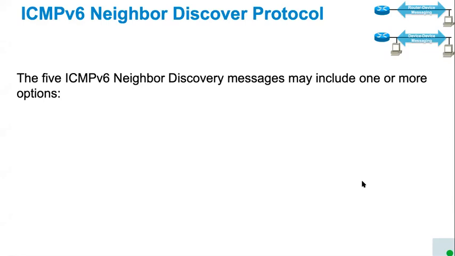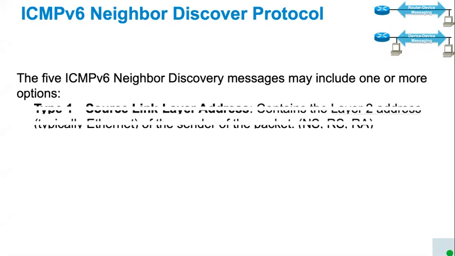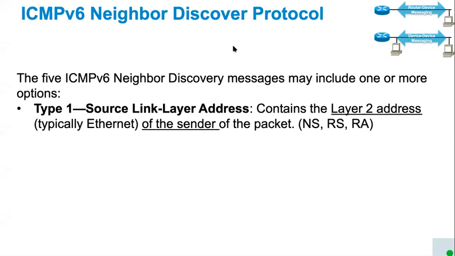So the ICMPv6 neighbor discovery protocol. Neighbor discovery may include one or more of these options. We'll be taking a look at these in the upcoming videos when we look at the router advertisement message or the neighbor advertisement message.